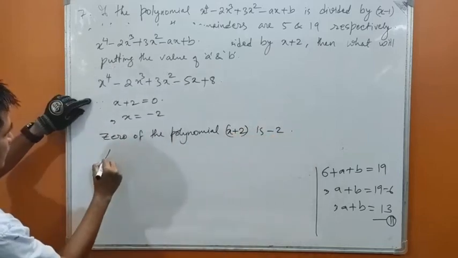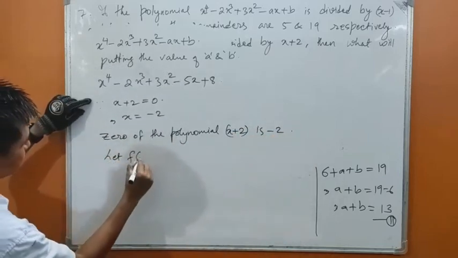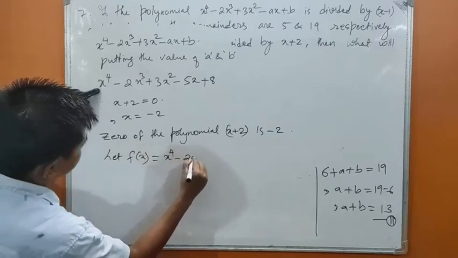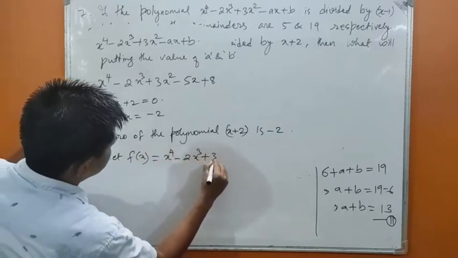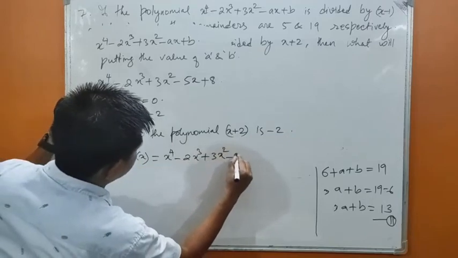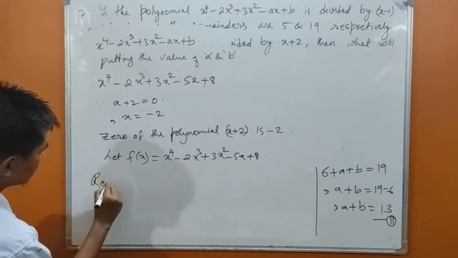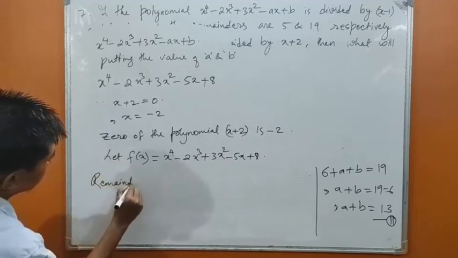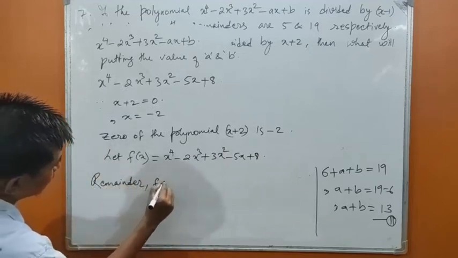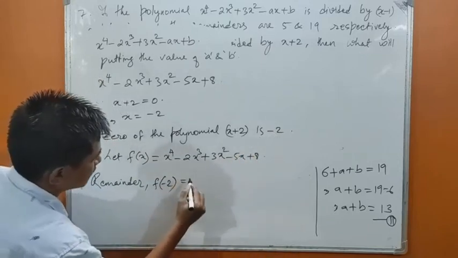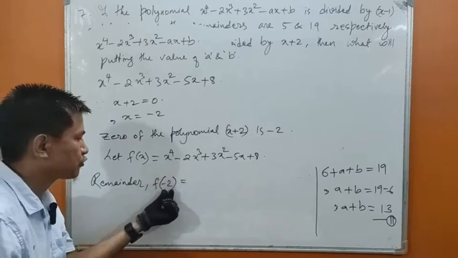So let f(x) equal x to the power 4 minus 2x cubed plus 3x squared minus 5x plus 8. Therefore the remainder is f(minus 2), isn't it? Wherever we see x, we put minus 2.